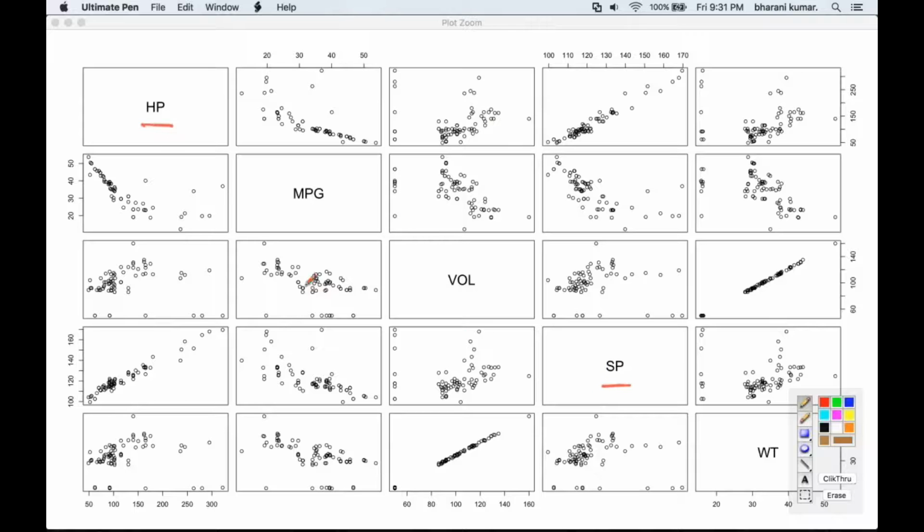What is the correlation between these two? It's a positive correlation. What is the correlation between volume and weight? Here is volume, here is weight. It's a positive correlation.